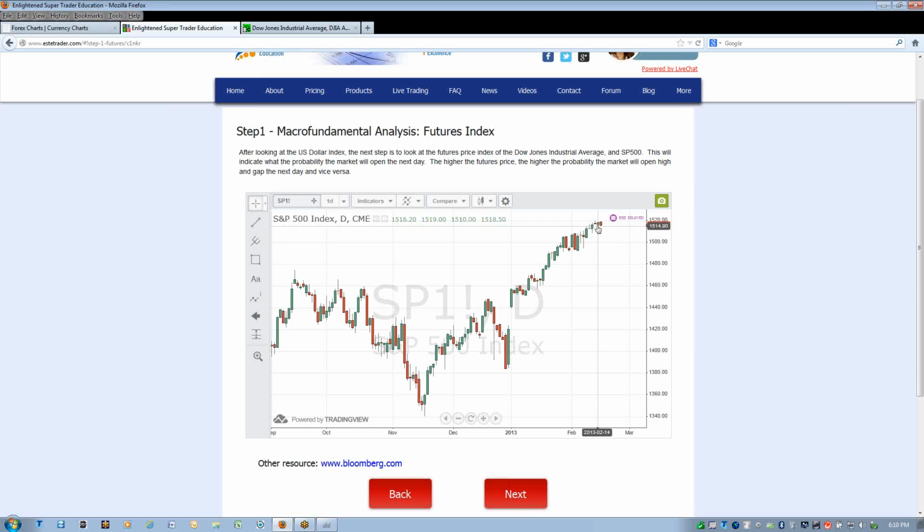That's been pushed down, pushed back up, like so, a bit of a doji previously. So they're just not really going up or down at the moment. They're just hovering in that area, 1550, and also the 1520. So it's just flowing between those two points at the moment, pushing to the upside but not pushing to the downside. So obviously just a little bit of indecision on the S&P 500 index.